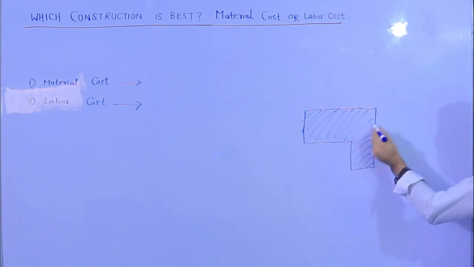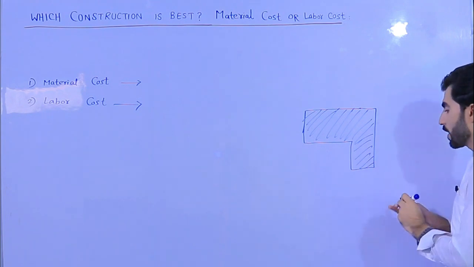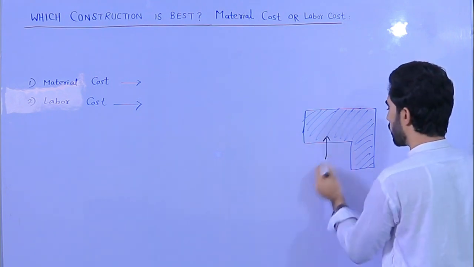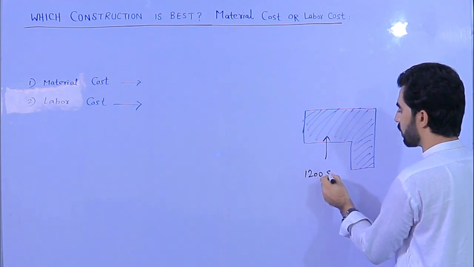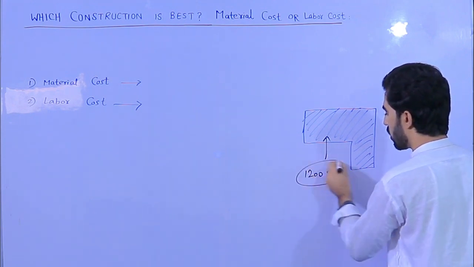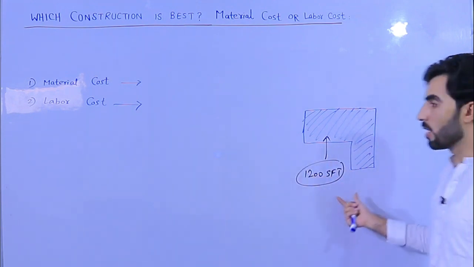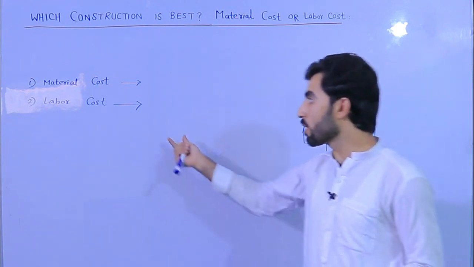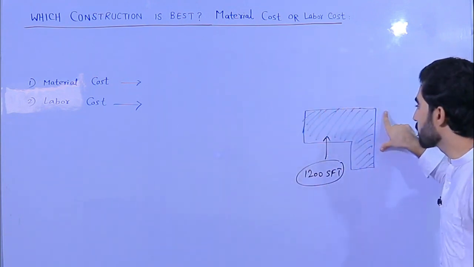For example, if this covered area is 1200 square feet, by material cost and also by labor cost, you can do the calculation by this method.